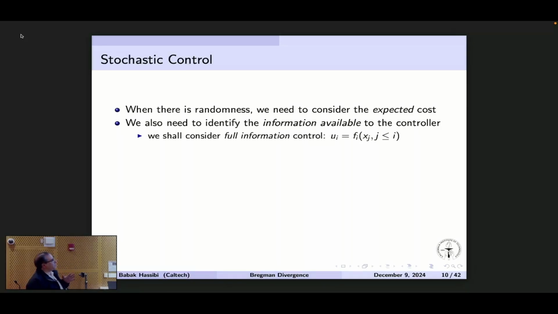I'm going to assume a full information controller, which means that the control signal at time i gets to see the state of the system. It doesn't see the disturbance, but it sees the state. So its control is allowed to be a function of all the states x_j up to the current time.